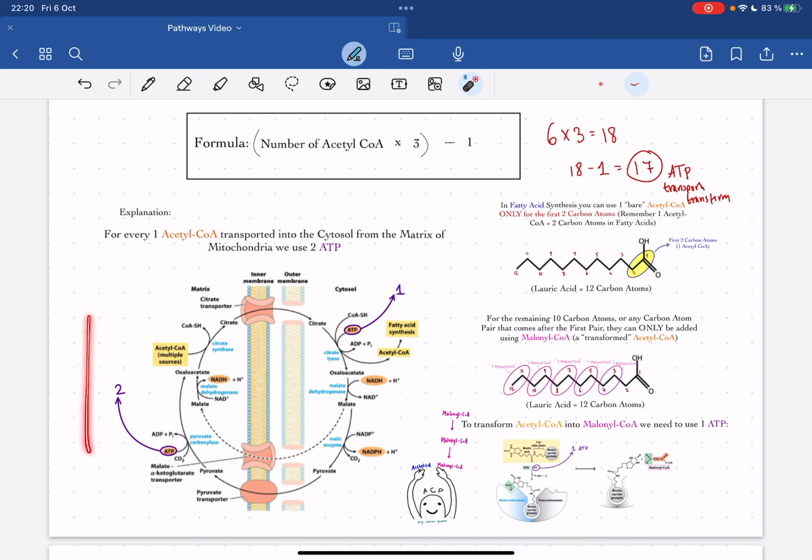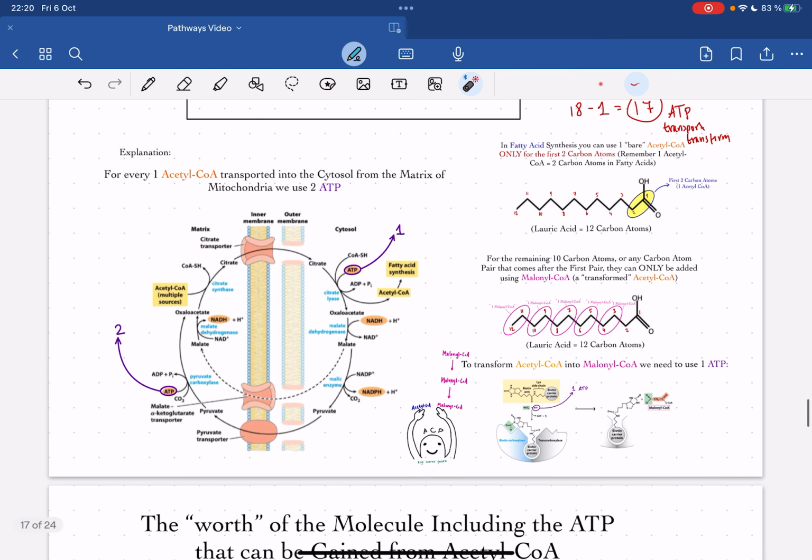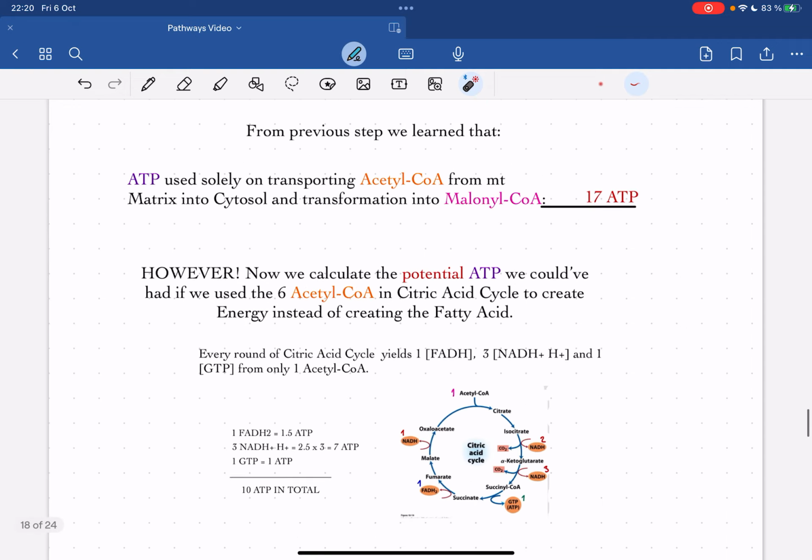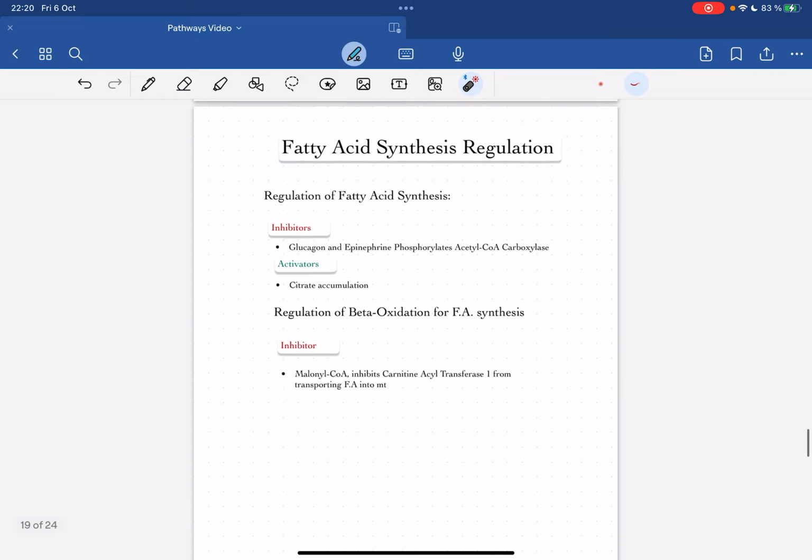So if it's too high up here for ATP, we're going to use citrate to transport the acetyl-CoA from the matrix of mitochondria into the cytosol. And this is done in order to sort of deplete the acetyl-CoA concentration from one side into the other.